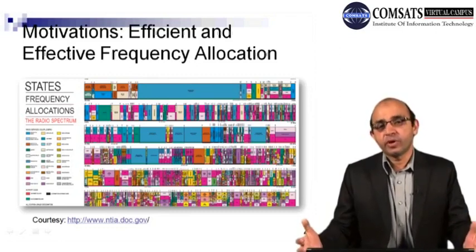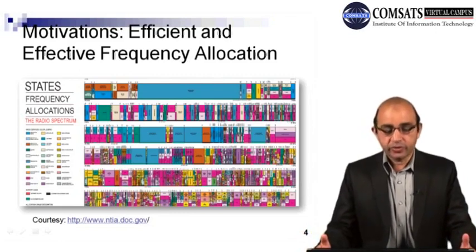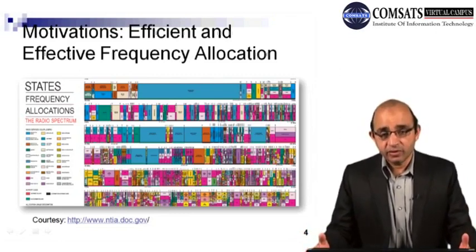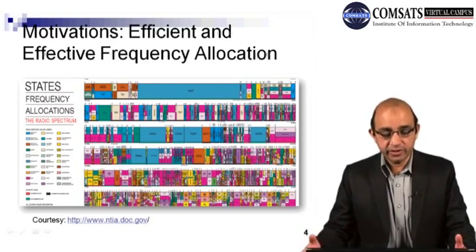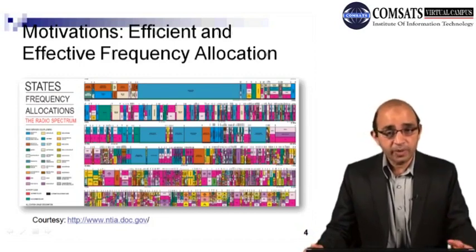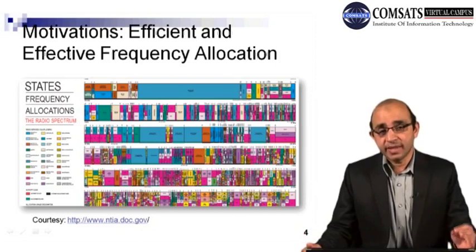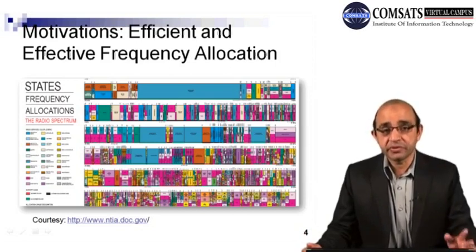And then let's talk about the frequency allocation. Here is the frequency allocation chart, and this is the frequency allocation used by the United States. You can see the complexity. Remember that this is a very, very precious resource.